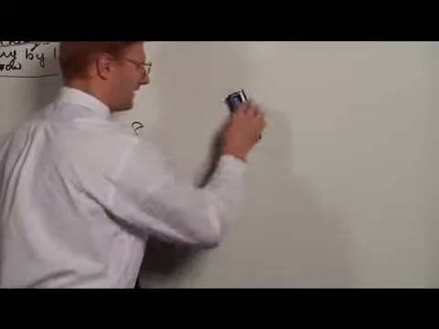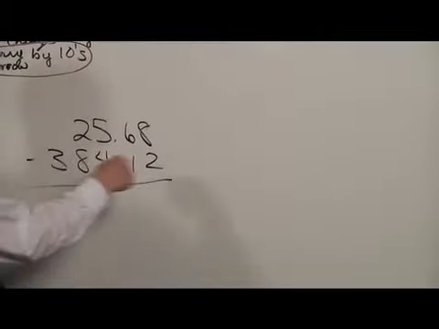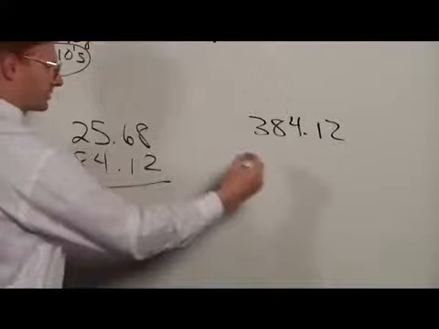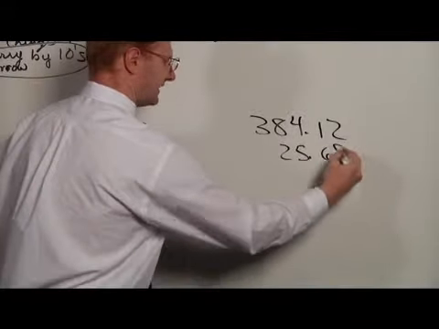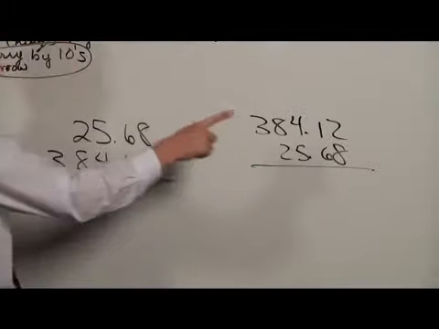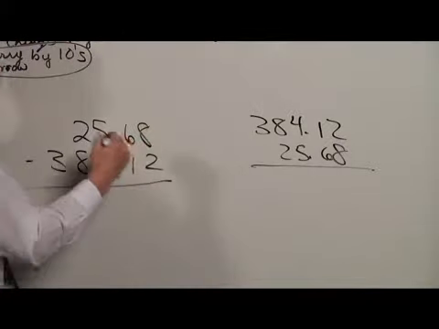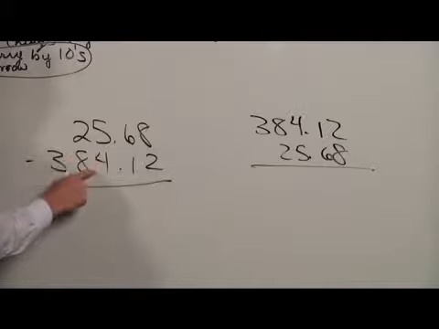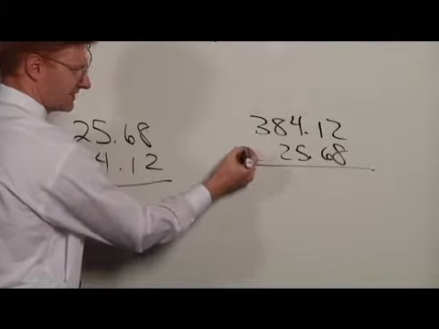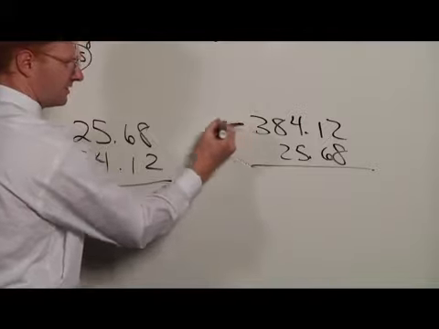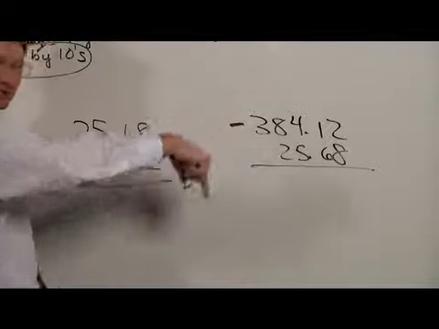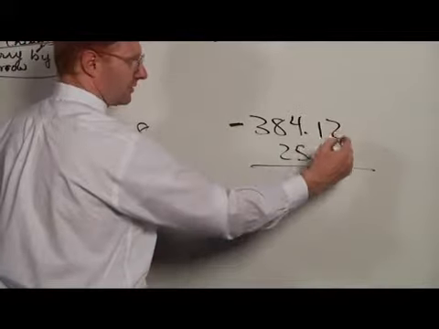So this answer is going to be positive, but it will be the same number just in the other direction. Most often you've seen the subtract sign here, but I'm going to put it up here just to remind me that this guy is stronger and he's going to win, but still do a subtraction. We're going to borrow like normal.